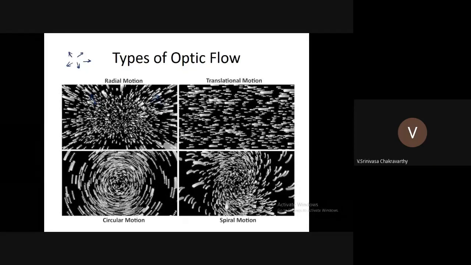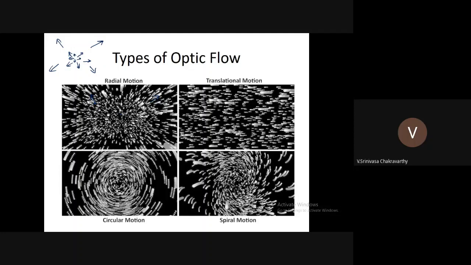And then you see that the points that are close to you, that is close to the periphery, will have higher magnitude, whereas arrows which are close to the center, which is the point where you are heading towards, will have smaller amplitude or smaller length. Okay, so this is a typical kind of optic flow that you see when you are going into the image.